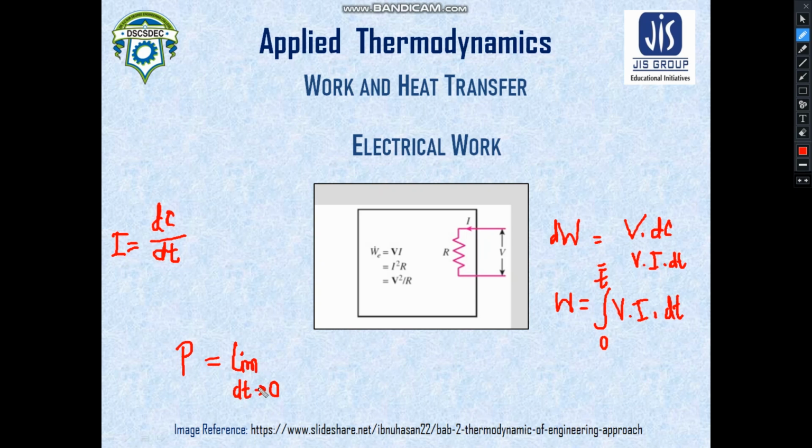So the limit dt tends to 0 of dW/dt, that means work done per unit time. Calculating this will yield a very simple result, that is W dot, which is equal to V I. So electrical work done per unit time is nothing but V into I, that is voltage into current.